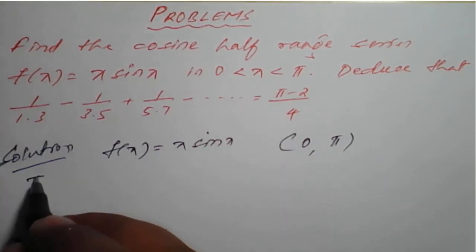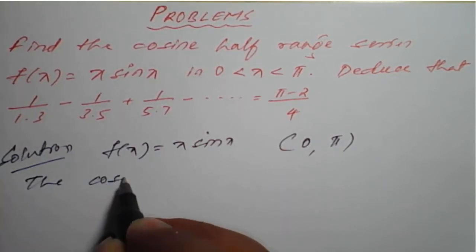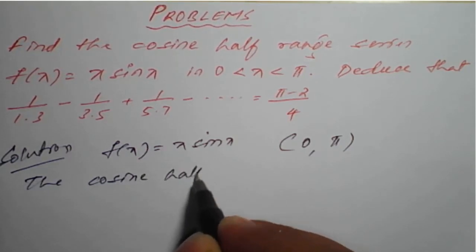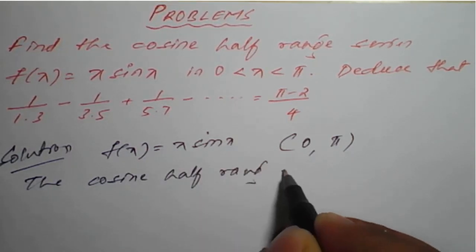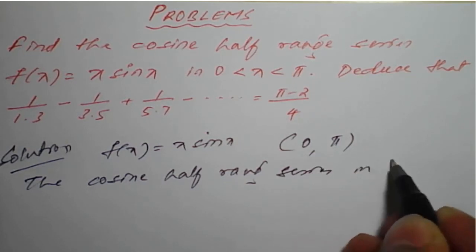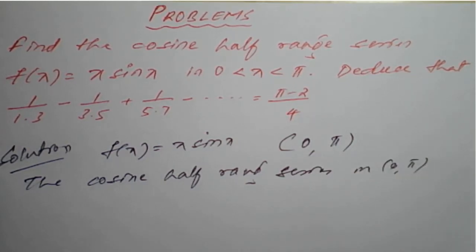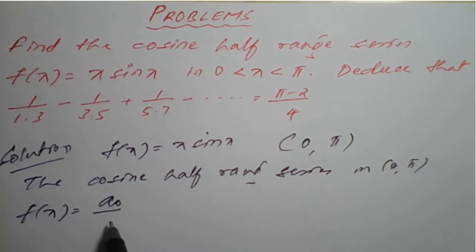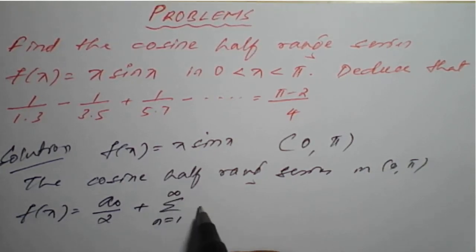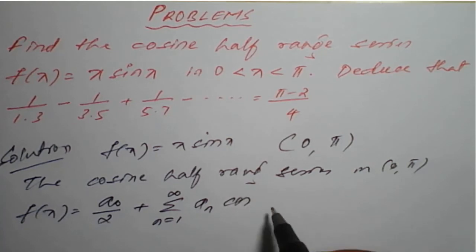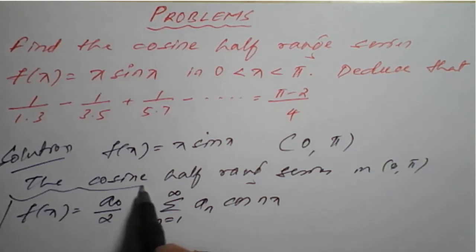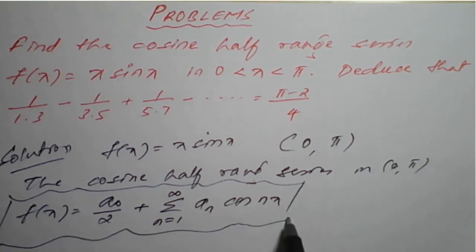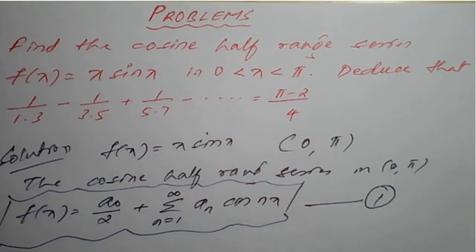The cosine half range series in (0, π) is given by f(x) = a₀/2 + summation n from 1 to infinity of aₙ cos nx. So this is the cosine half range series. I will call it equation number 1.